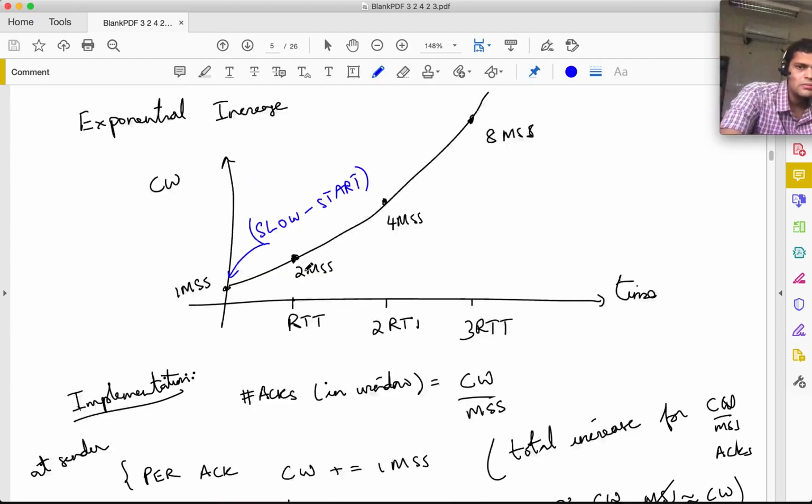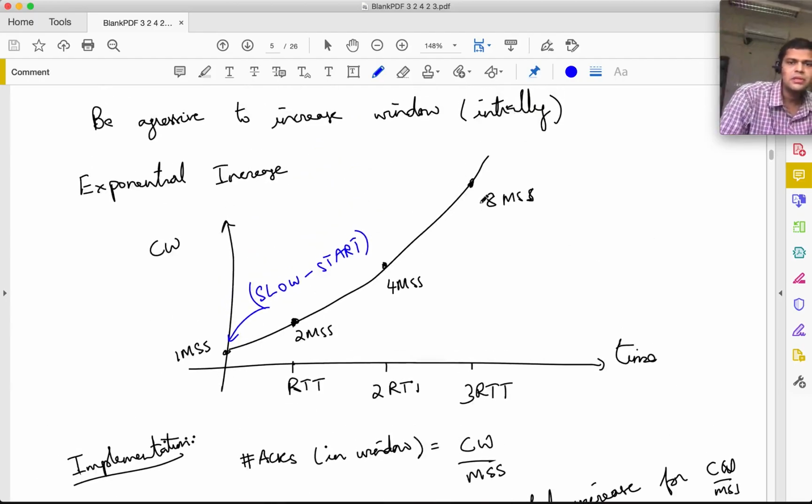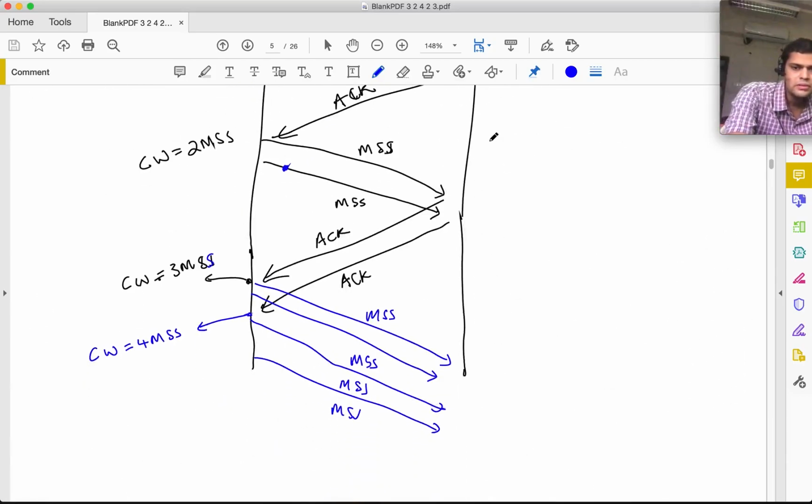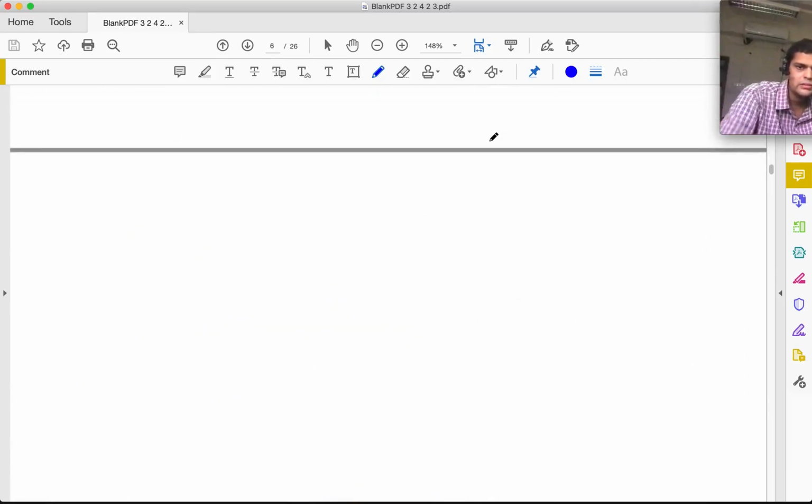So we start with this slow start, but then we want to at some point say enough is enough, we've become too aggressive, and then we switch into the AIMD mode. So what we will see TCP is doing in practice is that we start slowly.